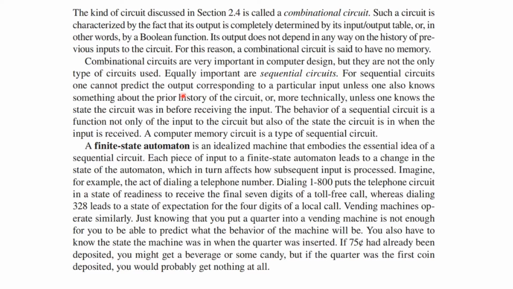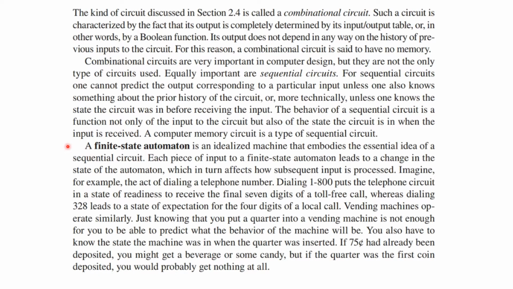In sequential circuits, one cannot predict the output corresponding to a particular input unless one also knows something about the prior history of the circuit, or more technically, unless one knows something about the state the circuit was in before receiving the input. The behavior of a sequential circuit is a function not only of the input to the circuit, but also of the state the circuit was in when the input is received. A computer memory circuit is a type of sequential circuit.